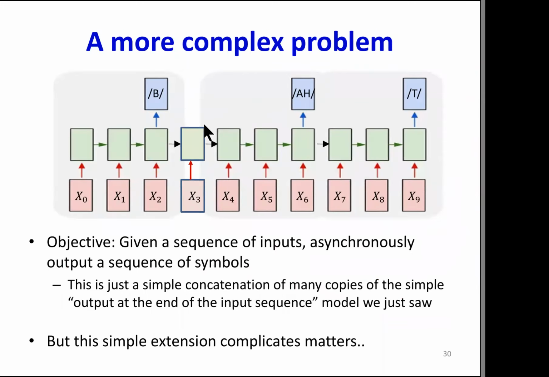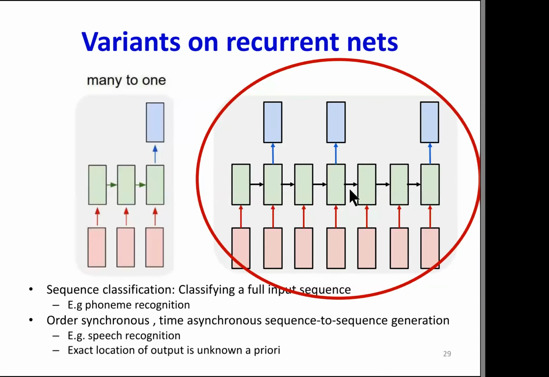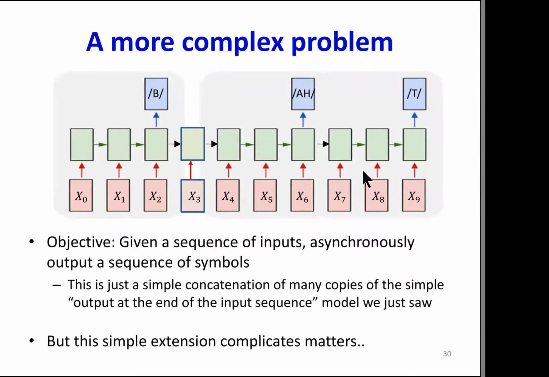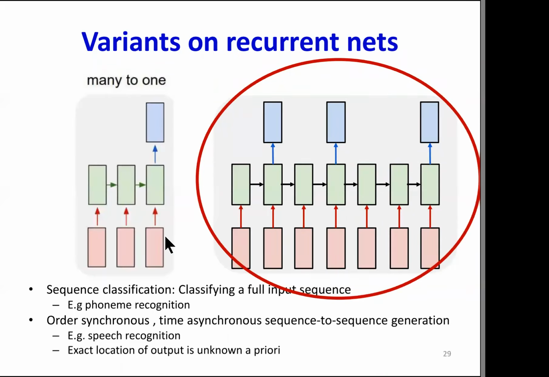And this becomes really problematic. This model, where you have order synchrony, but no time synchrony, where you have intermittent outputs, is basically just a very simple concatenation of many copies of the simple model out here, right?